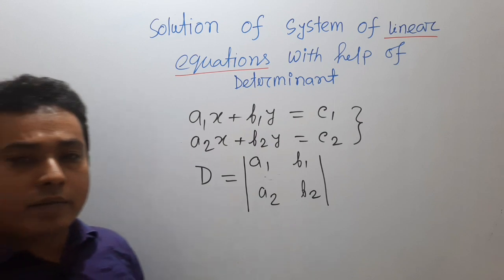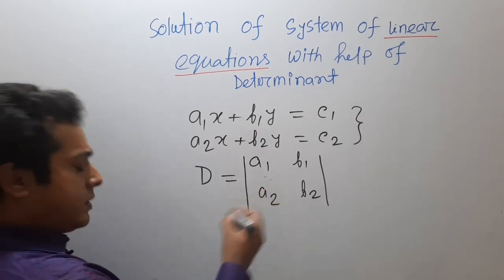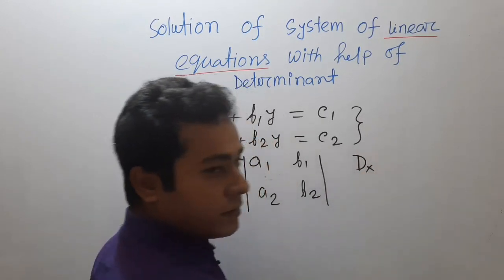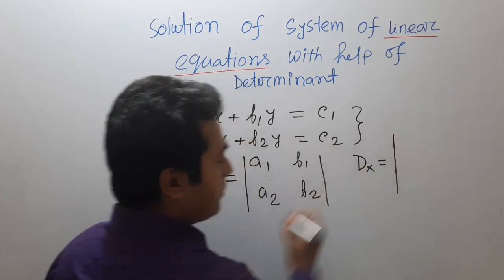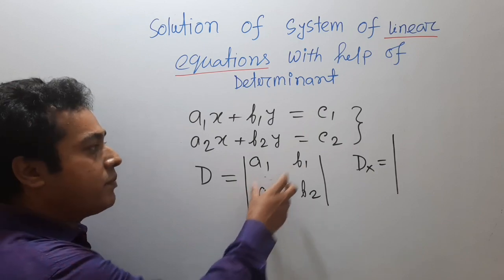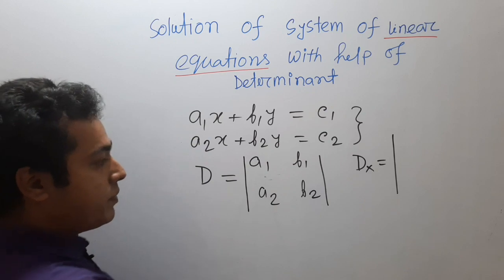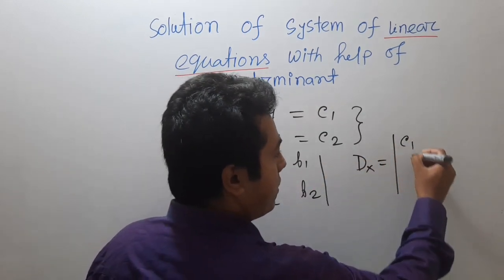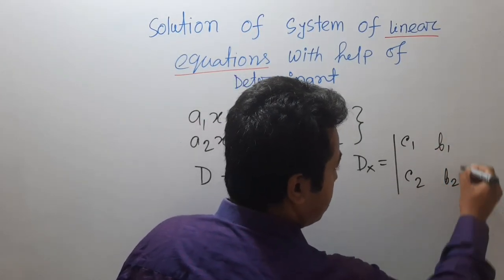Now another determinant we want to create. This determinant is denoted by Dx. Dx is equal to, the coefficient of x is replaced by the constant terms, and then this determinant will be c1, c2 and b1, b2.